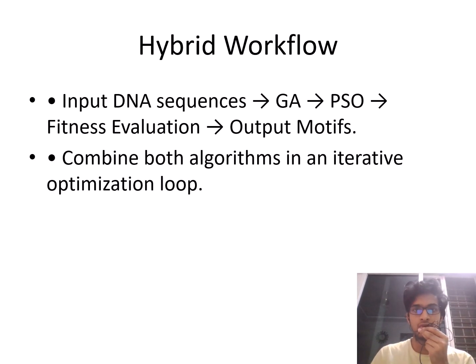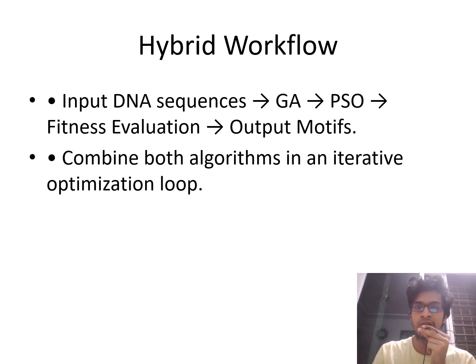For the workflow, we first initialize the sequence patterns. After initializing, we evaluate the fitness. After evaluation of the fitness, we do the GA operations. After the GA operations, we go to the PSO updates.